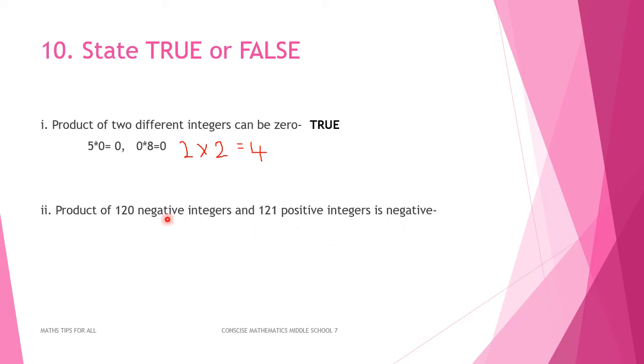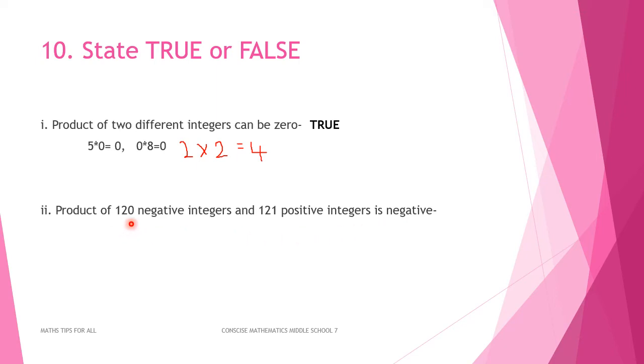So what will we get when you multiply the 120 negative integers and the 121 positive integers? Do we get negative? Is it true or false? In a previous part itself, I have explained about this.